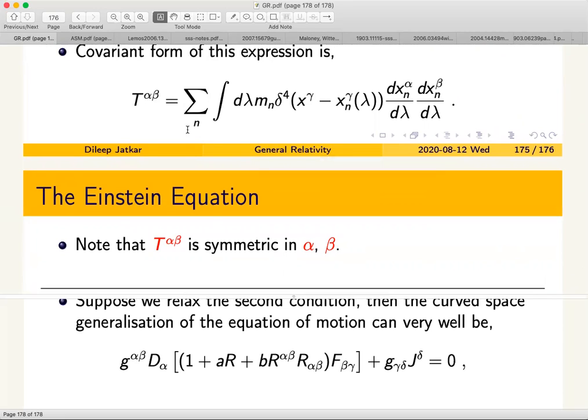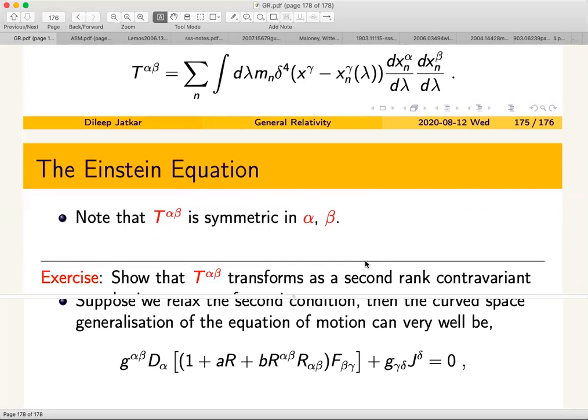Now this T alpha beta, by virtue of having these 2 terms symmetric with respect to each other, is manifestly symmetric in alpha beta. That tells you that the left hand side of that equation should also be manifestly symmetric in the alpha beta indices. So that is one additional condition that we have.